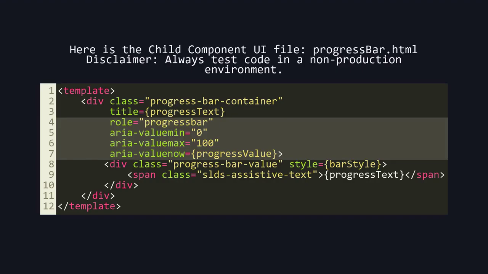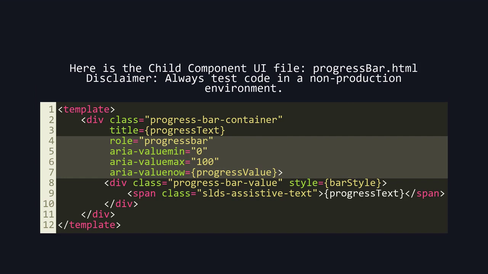Here is the child component UI file, progressBar.html. Disclaimer, always test code in a non-production environment. These ARIA attributes are essential for accessibility. role equals progressbar tells screen readers what the element is, while the aria attributes provide the minimum, maximum, and current values so the user gets proper context.